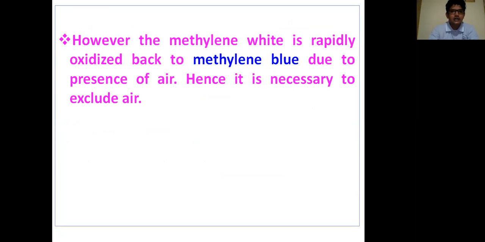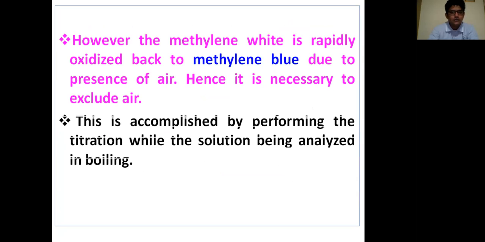However, the methylene white is rapidly oxidized back to methylene blue due to the presence of air. Hence, it is necessary to exclude air. Exclusion of air is accomplished by performing the titration while the solution being analyzed is in boiling condition.